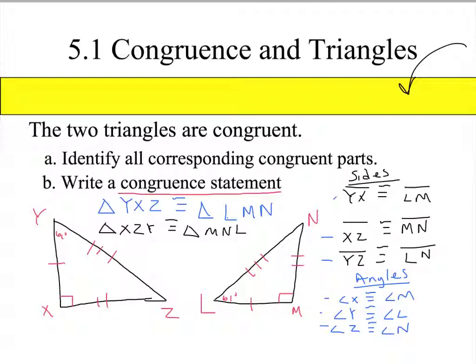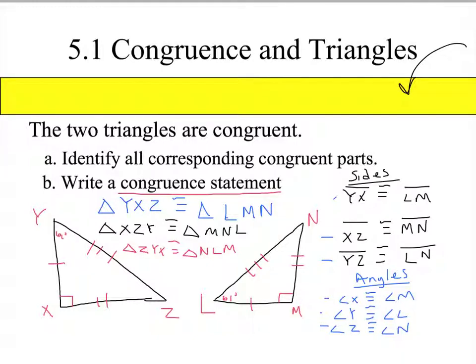The other one that would work would be triangle ZYX is congruent to triangle NLM. Those are the three statements that you can put down. If you have any questions about this, please ask me. Just make sure your last congruent statement is the first one, second one, or the third one.